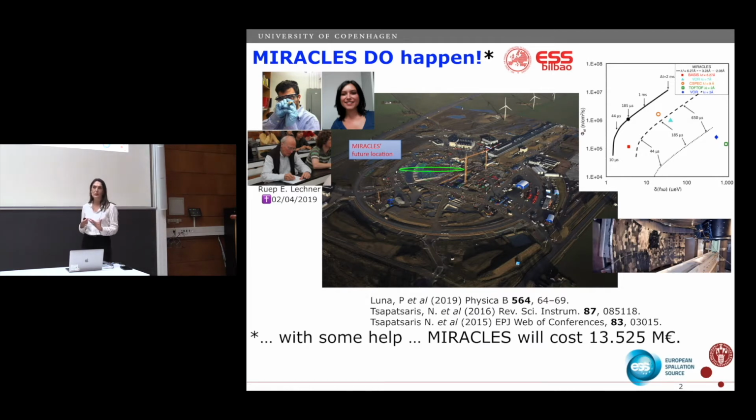However, miracles takes a long time to happen. This instrument is going to be one of the last ones at the European Spallation Source. As you can see here, it is not a very cheap machine. It's a lot of investment, a lot of people. What we basically do with this type of instrument is that we measure dynamics in different time scales. For example, if we take a water molecule, we have in our body a lot of water, right?